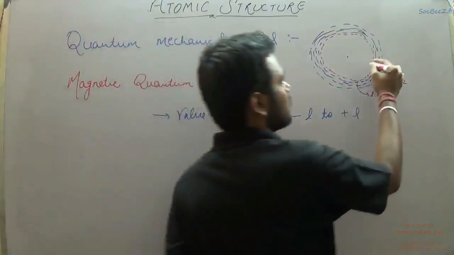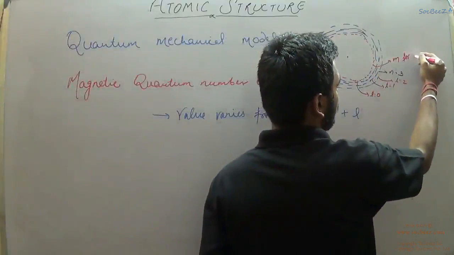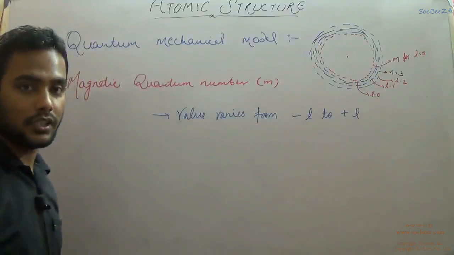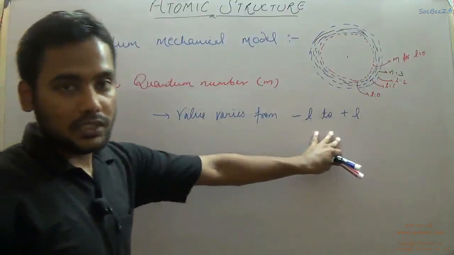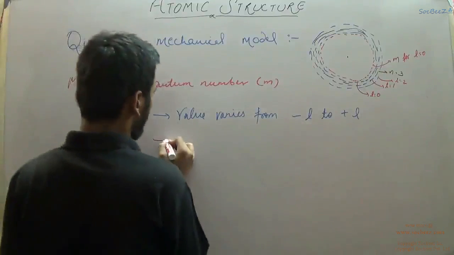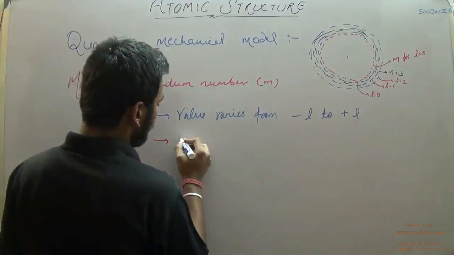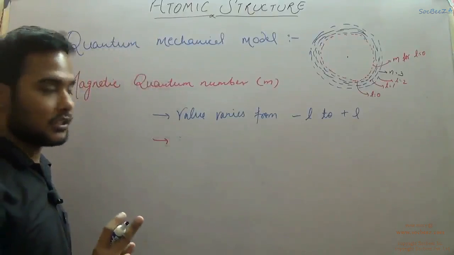Its value varies from minus L to plus L. Now, in a particular M, 2 electrons exist.